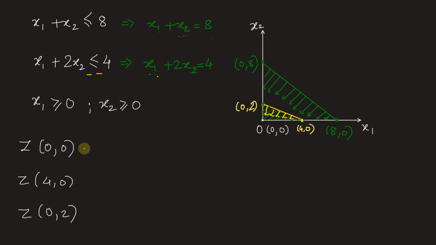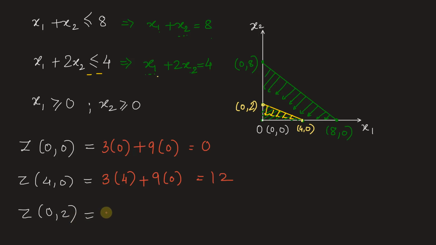So z at 0, 0 will be, z function is given as 3x1 plus 9x2. So we'll put 3 into 0 plus 9 into 0. This is clearly 0. z at 4, 0 will be 3 into 4 plus 9 into 0, which is 12. And z at 0, 2 will be 3 into 0 plus 9 into 2, which is 18.